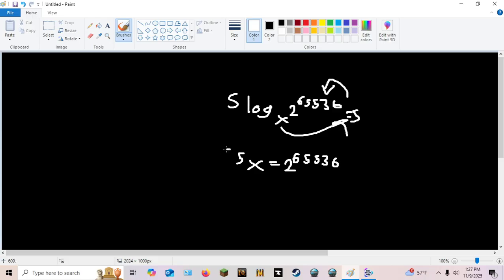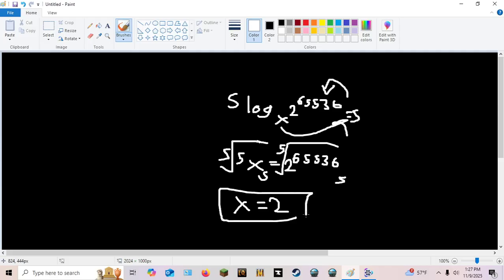Now, I need to take the super fifth root of both sides to get x by itself. x is equal to 2, because 2 tetrated to 5 equals 2 raised to 65,536. So 2 is indeed correct.